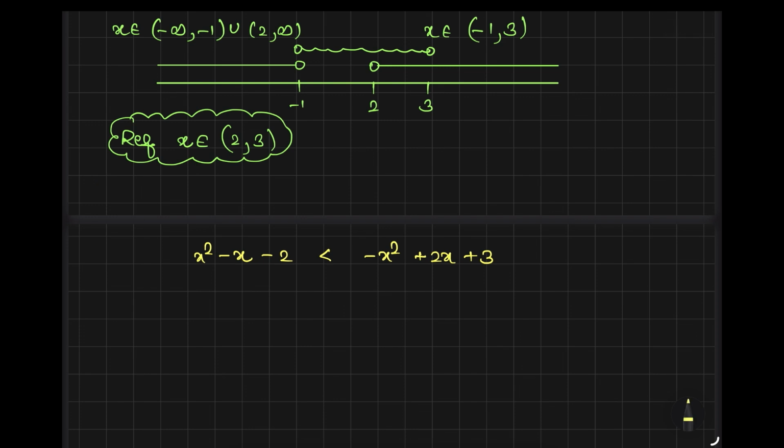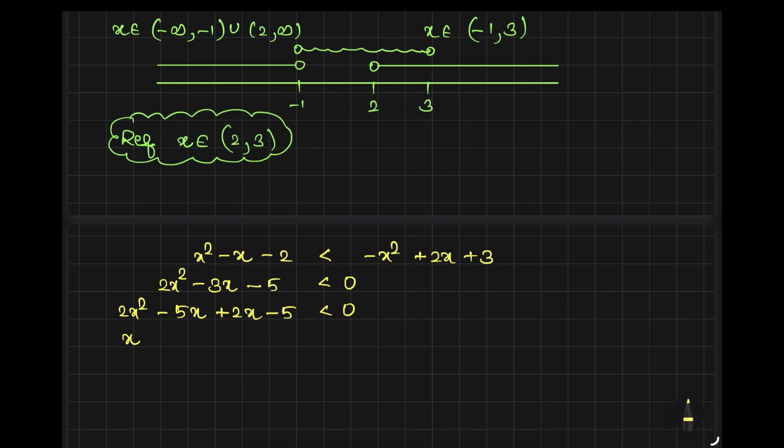So we will take everything on one side. So we will have 2x square minus 3x minus 5 less than 0. So it is 2x square minus 5x plus 2x minus 5 less than 0.